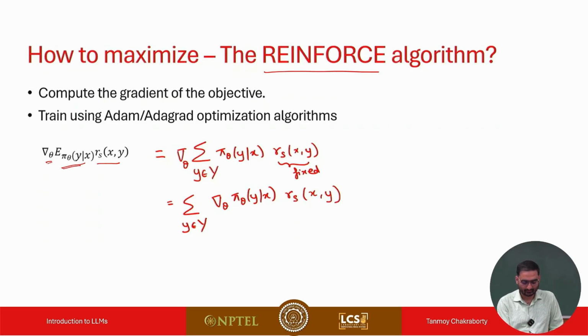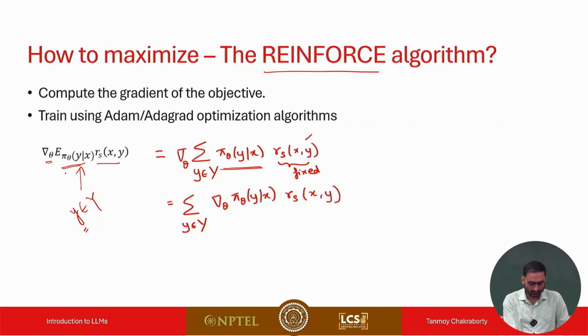So what does it mean? It means that you generate a sample output from this policy model, which belongs to all possible sample outputs that the model can generate. One such sample output is y, and the probability of this sample output is this one, and this is the reward.